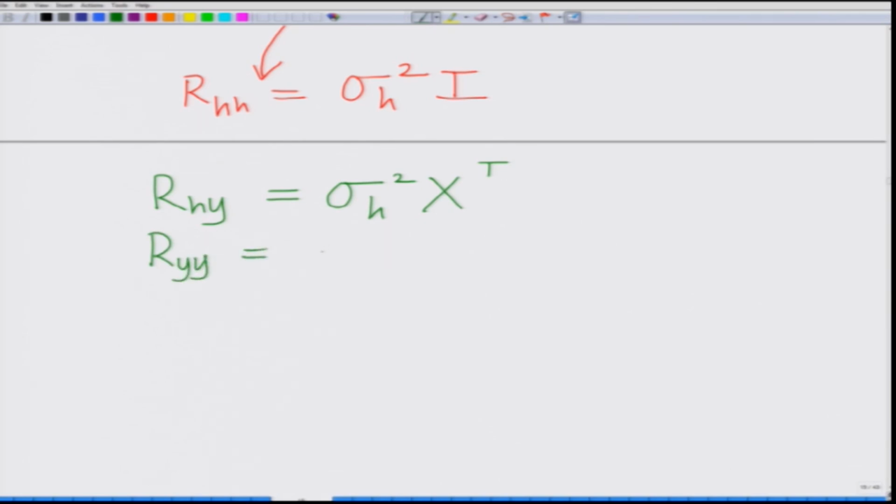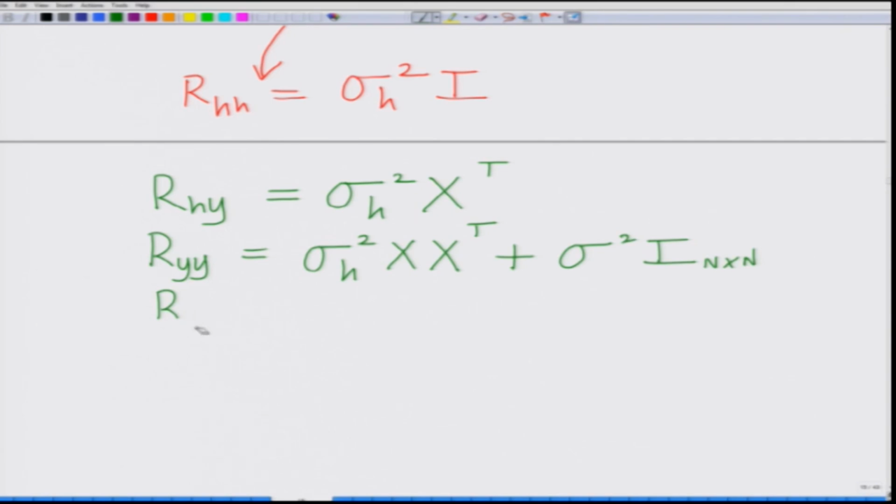R_YY equals sigma h square X X transpose plus sigma square times identity, where this identity, remember, is an N cross N identity because X is an N cross M matrix.